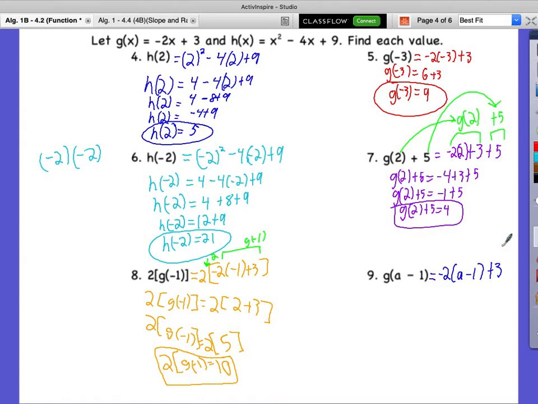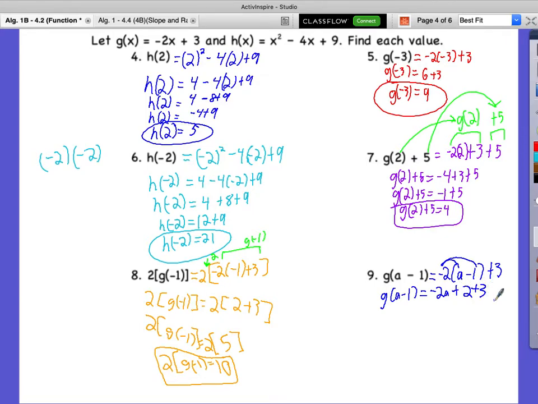Because x is multiplying with negative 2, A minus 1 is all multiplying with negative 2, so we distribute. What's negative 2 times A? Negative 2A. What's negative 2 times negative 1? Positive 2. We still have that plus 3 at the end.